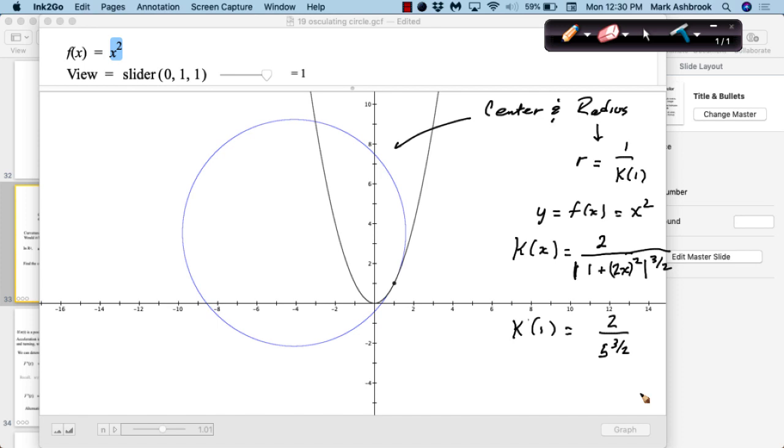And so what is that? That's 2 over, that's 5 times 5 times 5. 5 radical 5?